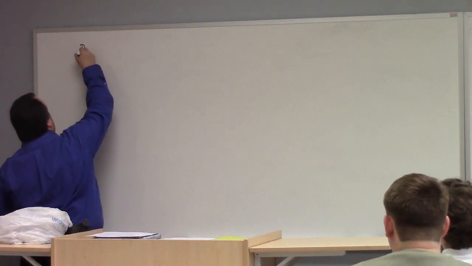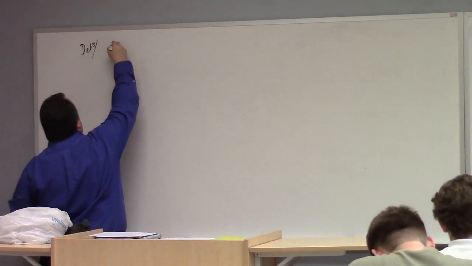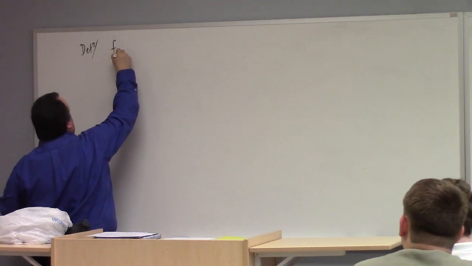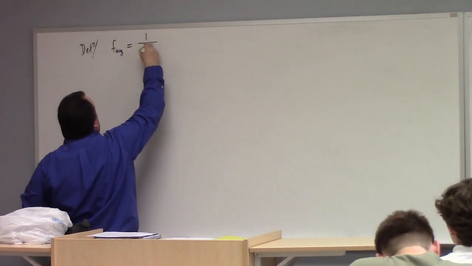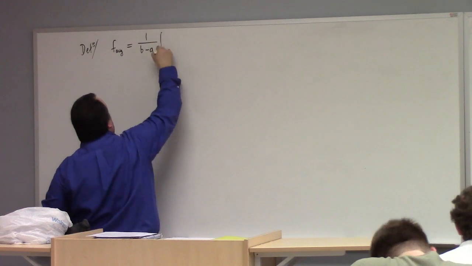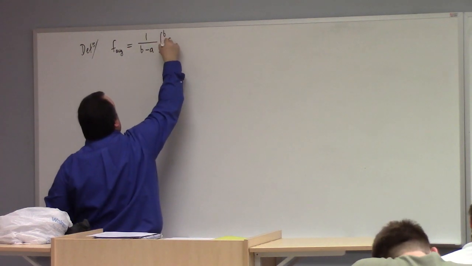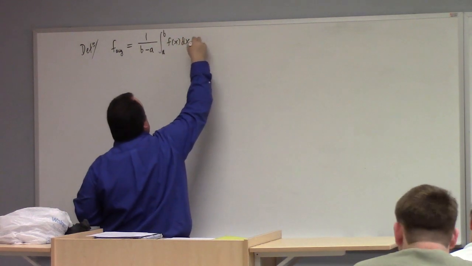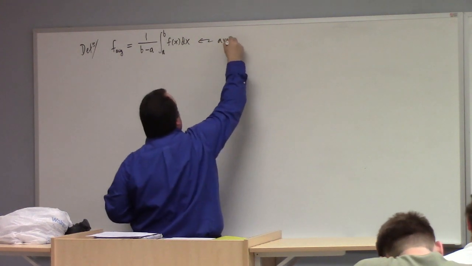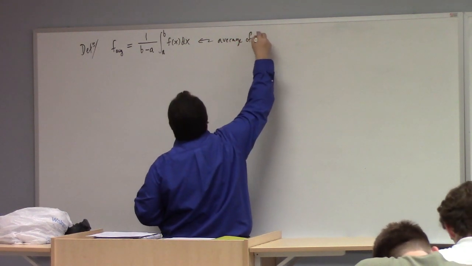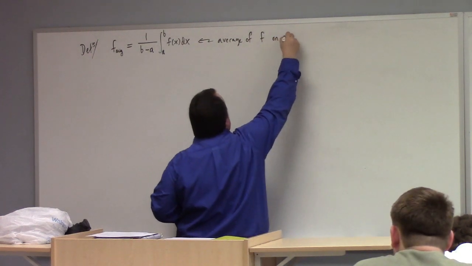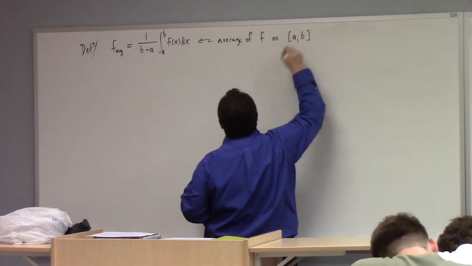Let's see here. Let's talk about average. So definition, this is another thing that I do actually expect you to know. The average is 1 over b minus a times the integral from a to b of f of x dx. This is the average of f on the closed interval from a to b.